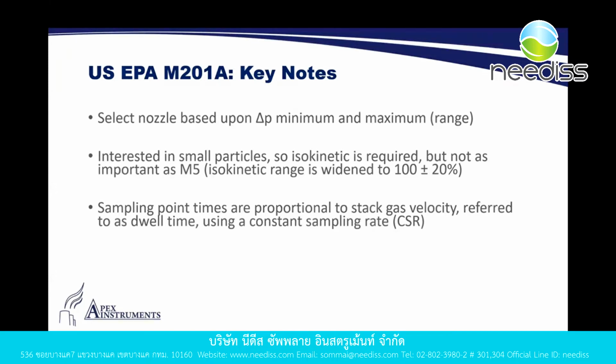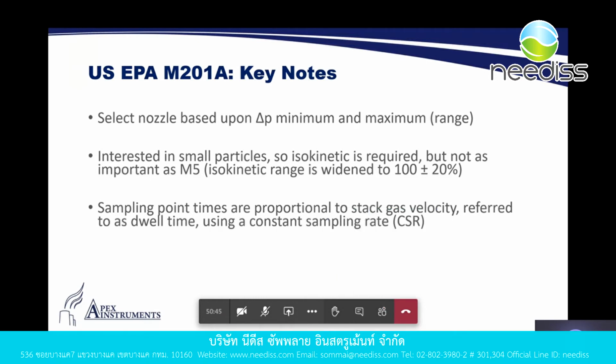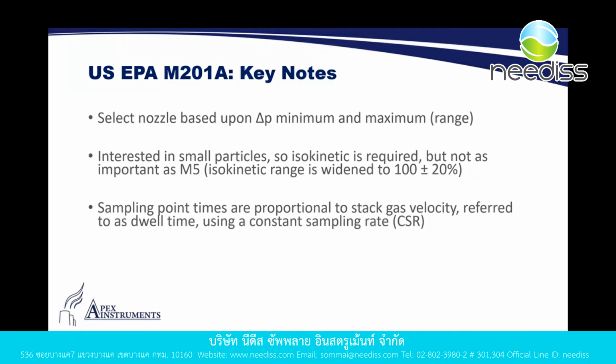So ideally, if you're sampling at 70% of the stack velocity, if the stack was to increase flow or decrease flow while you are doing this method, you would follow that trend of either increasing your sample rate, flow in, or decreasing it to match the changing flow of the stack, but you're not necessarily sampling isokinetically. You're sampling always at that 70 or 80 or 90% of the actual flow of the stack. So that's the difference when you consider isokinetic sampling versus proportional sampling.